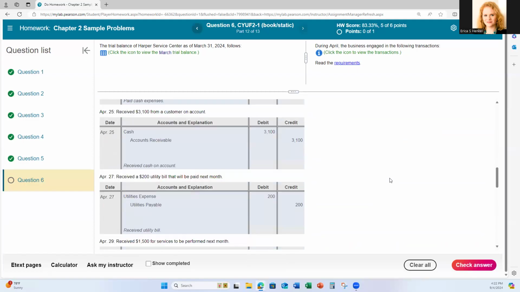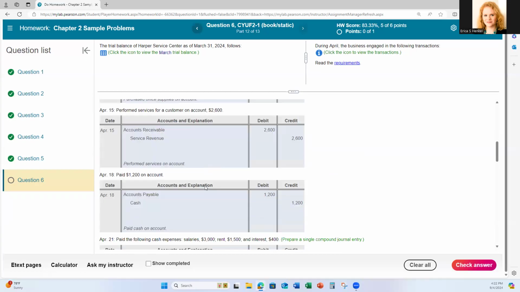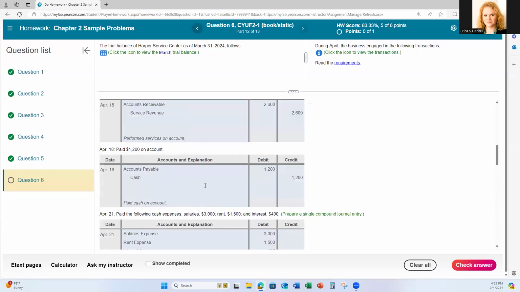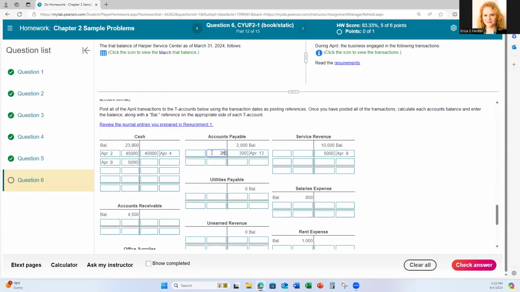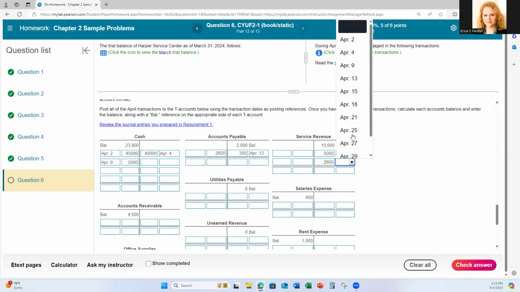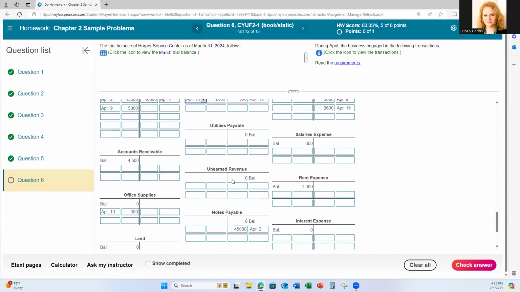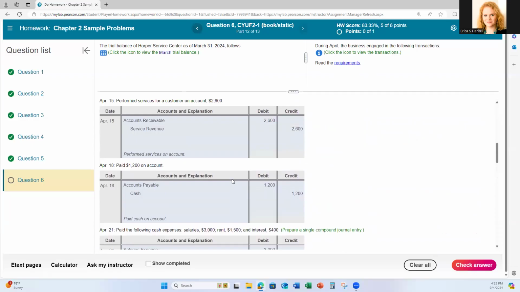Okay. And then accounts receivable and service revenue for 2,600. Sorry, that was 2,600. And then we've got accounts payable and cash for 1,200.